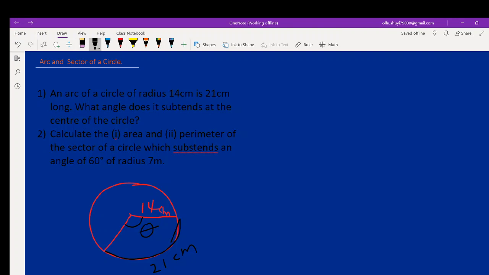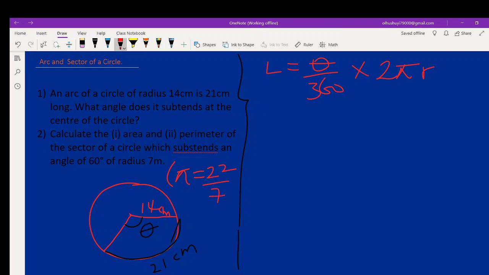Since we know that our length of arc is theta upon 360 times 2 pi r, let's take pi to be 22 upon 7.